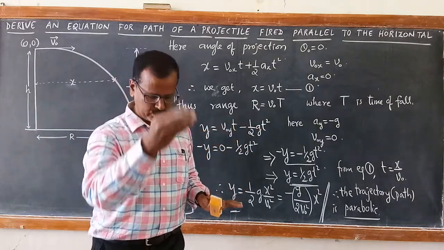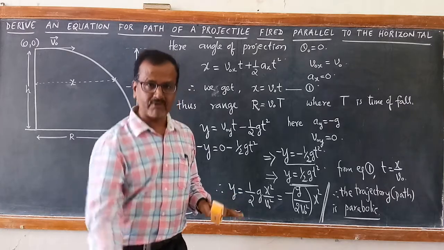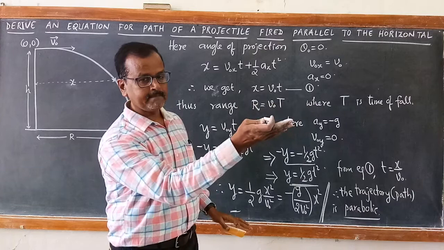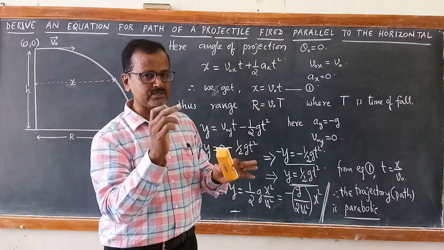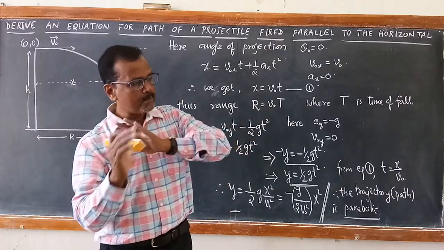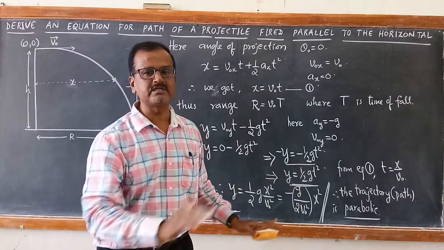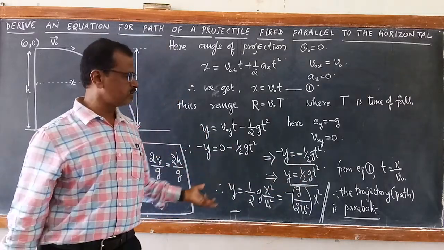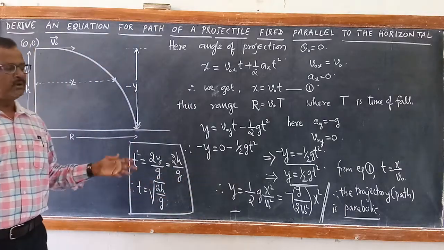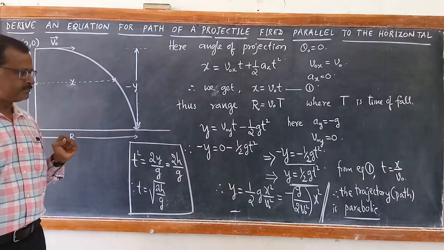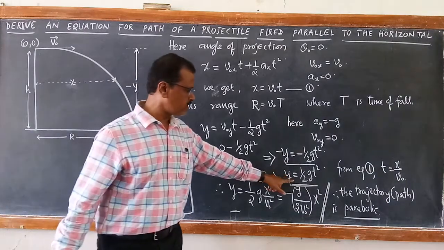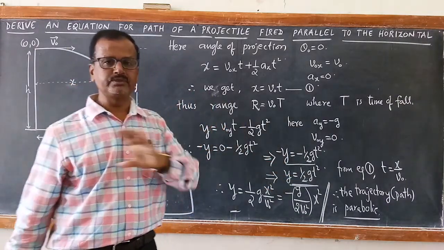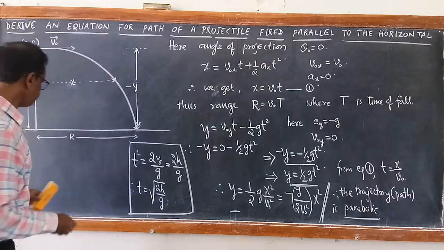The time taken to reach the ground by a freely falling body and by an object thrown horizontally with an angle of projection theta naught equal to 0, both will take the same time to reach the ground. This is a very interesting thing that you should note down, so that this concept will be helpful while solving numerical problems. The time taken to reach the ground is independent of the initial velocity with which it is thrown.